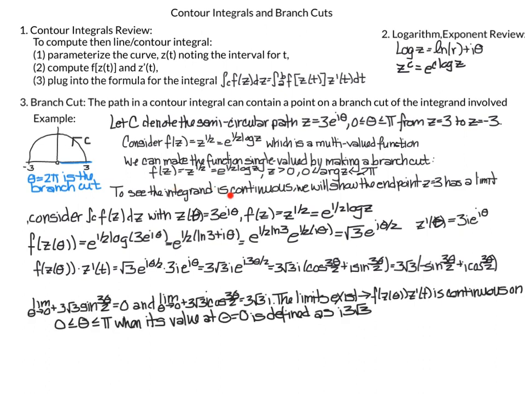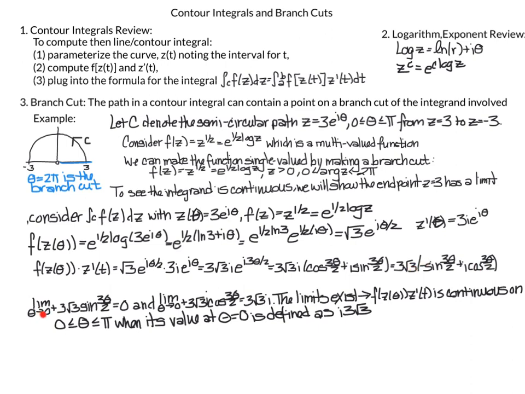And remember, our goal is to show that the integrand is continuous, that our integrand here can be integrated, in particular at the point z equals 3, because z equals 3 is not defined for that function. So what we're going to do is look and see that the limits of our integrand exist and what the limit is.